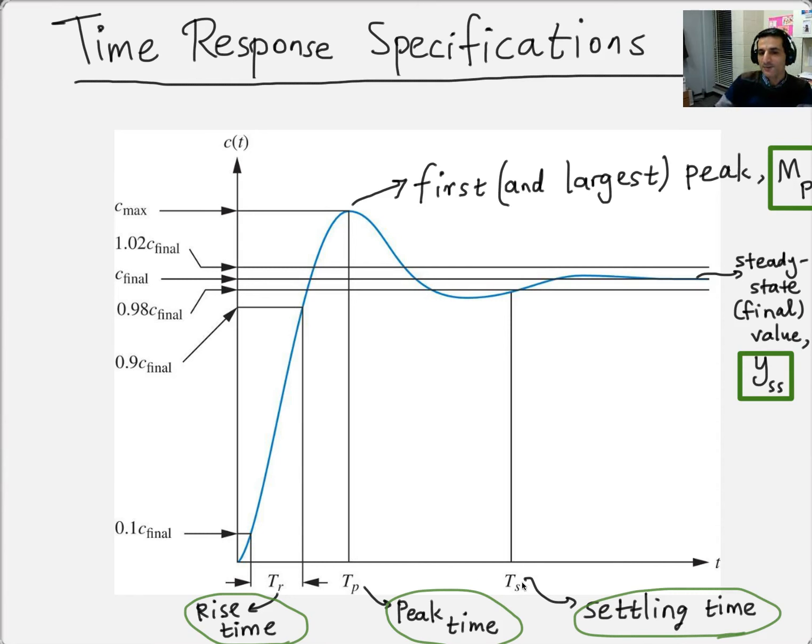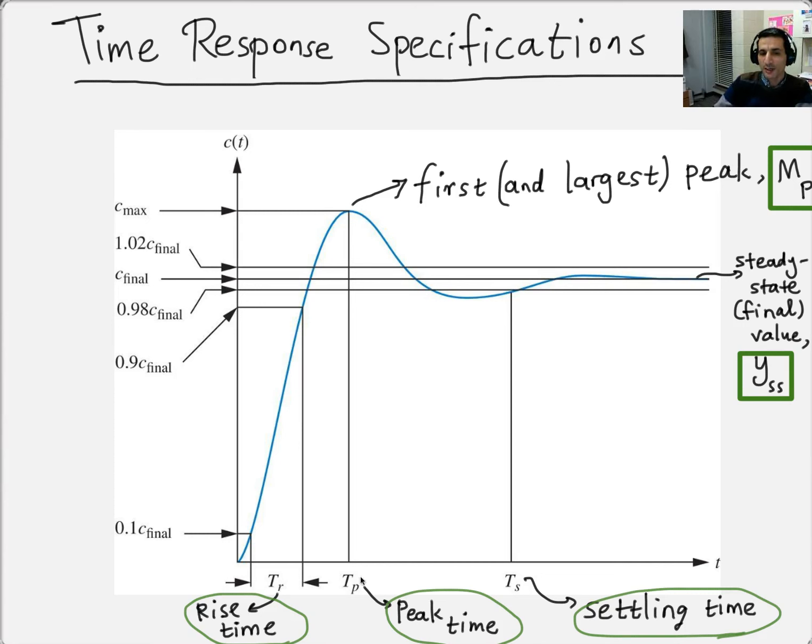TS is defined as the time it takes for the step response of the system to enter a region of 2% deviation from the steady state value, and stay in that region forever. It's called TS, or settling time. We also have the steady state value, which is the final value of the time response after it has settled down.